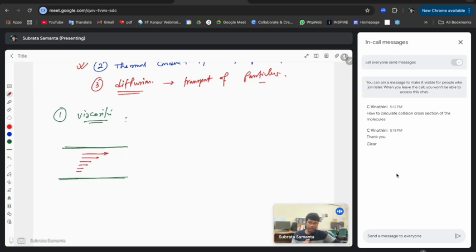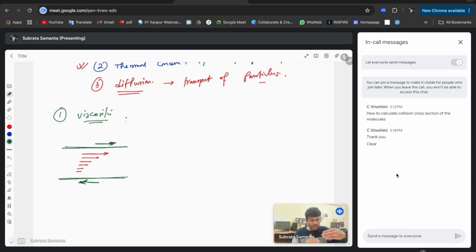So this is the upper side of the tube. There is a velocity gradient. That means this is moving and this is moving in opposite directions.